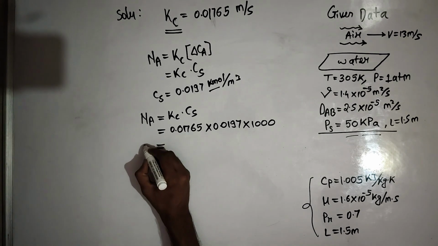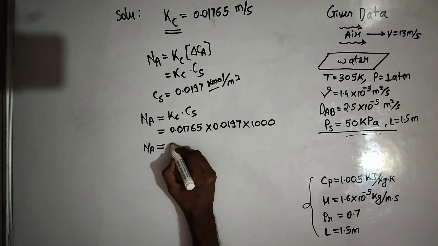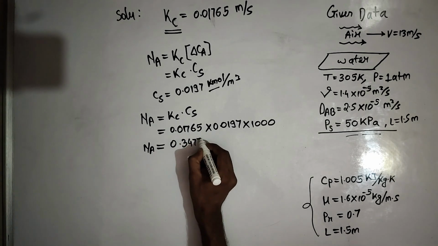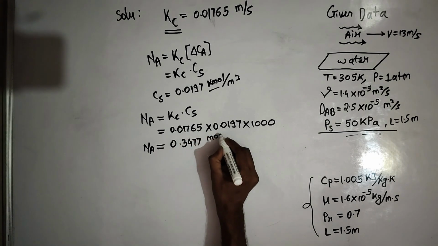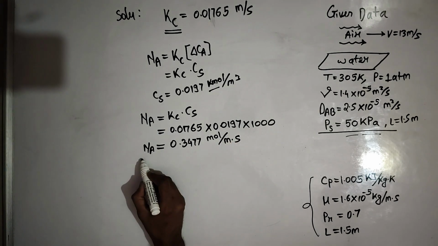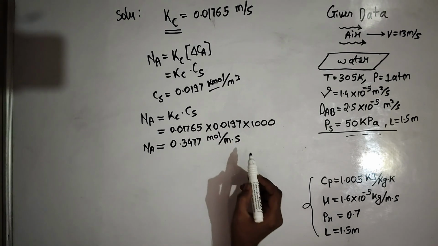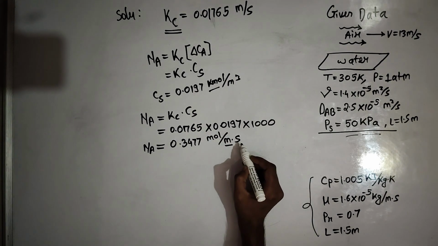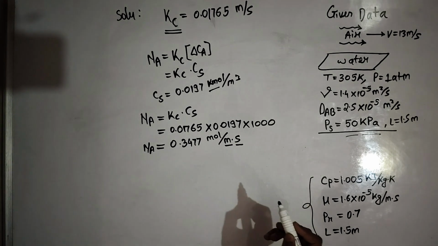After this, we get the value of Na as 0.3477 mole per meter second. So this is the total water loss per meter width per second.